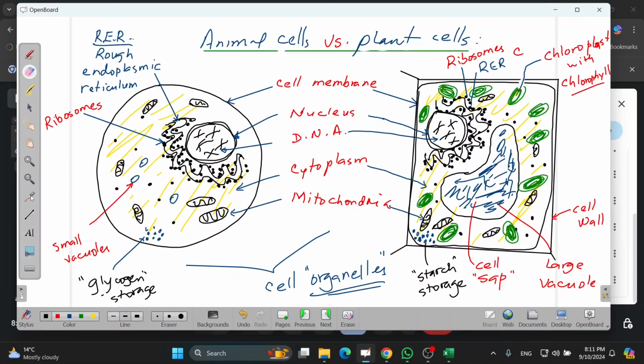But in the form of glycogen. We store a lot of glycogen in the liver, for example. Every time you eat, you store some glucose in your liver in the form of glycogen so that you can use it to get energy when you are not eating.